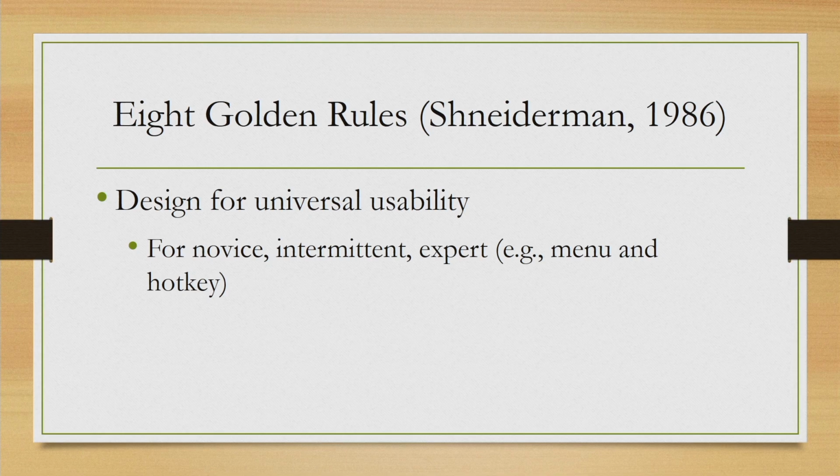Alternatively, we can save a file by using the menu option File, under the File submenu option Save. Now, the menu based file saving is designed for novice users, hotkey based file saving is designed for expert users. So, this design tries to take into account the universal usability concern.